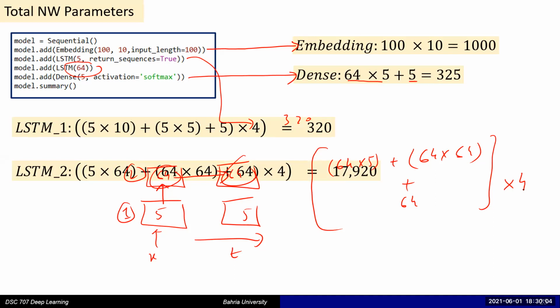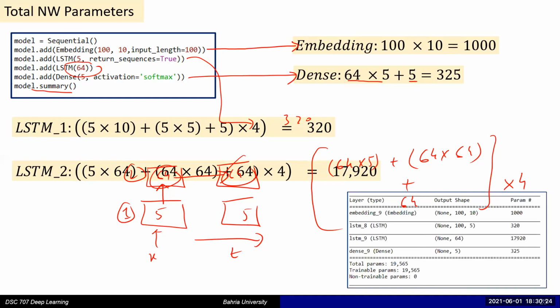And if you want to convince yourself, or check your understanding, a very easy way is that when you run this in Python, model.summary will give you the total number of parameters layer by layer. So you can compute by hand, and you can check your performance by doing model.summary.